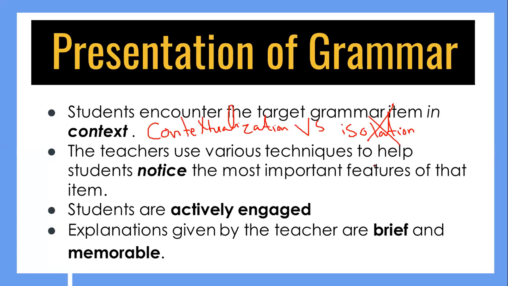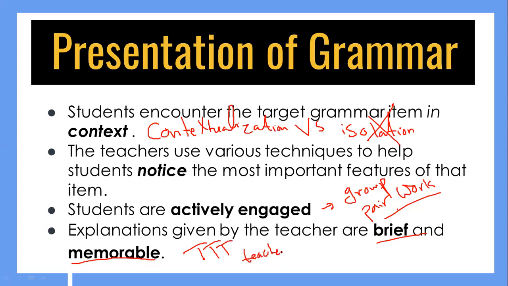The teachers use various techniques to help students notice or observe the most important features of that item. Students are actively engaged, and by actively engaged we mean group and pair work. This is how you successfully get your students actively engaged. Explanations given by the teacher are brief and memorable. So here, TTT, teacher talking time, is controlled.